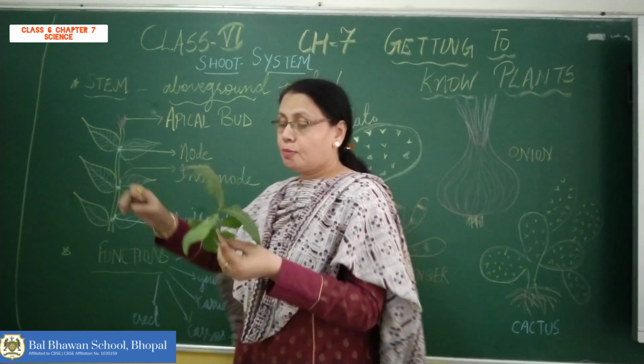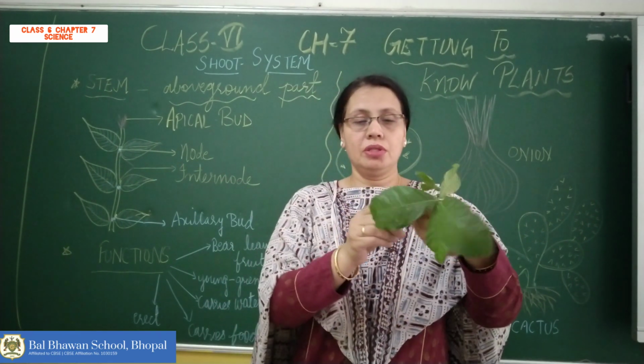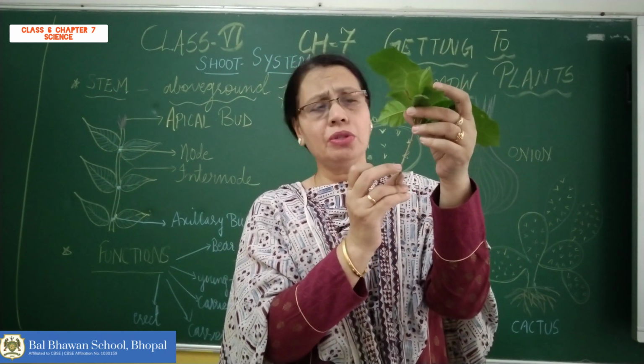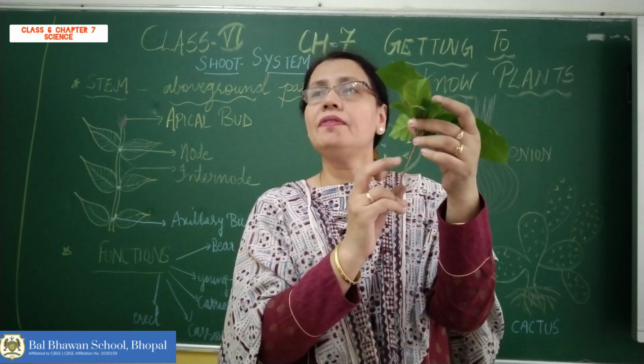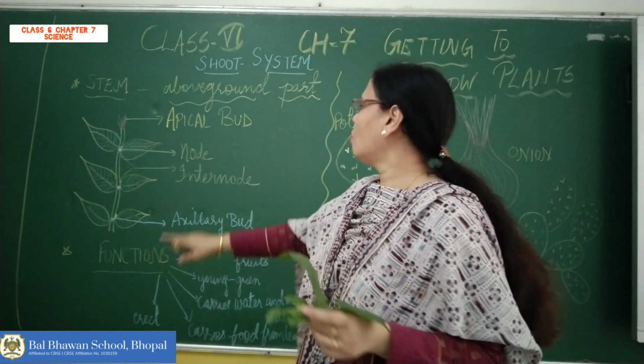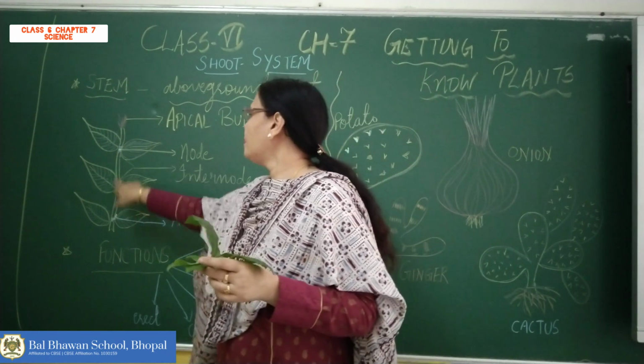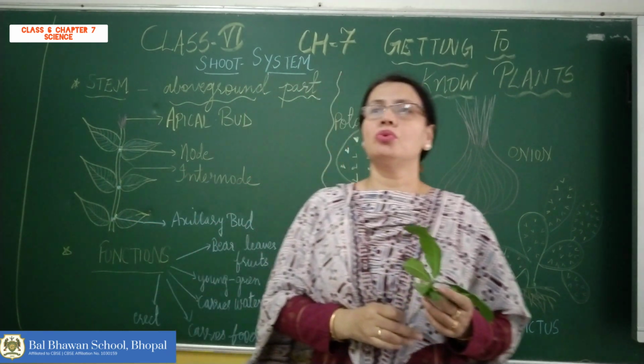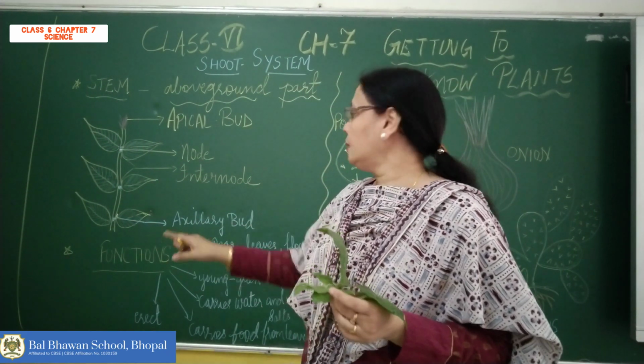Now, the space between two nodes. Look here, I have one node here. The space between these two nodes is called the internode. So the part of the stem which is present between two nodes is called the internode.